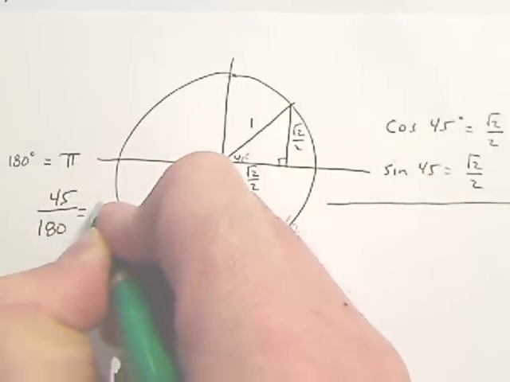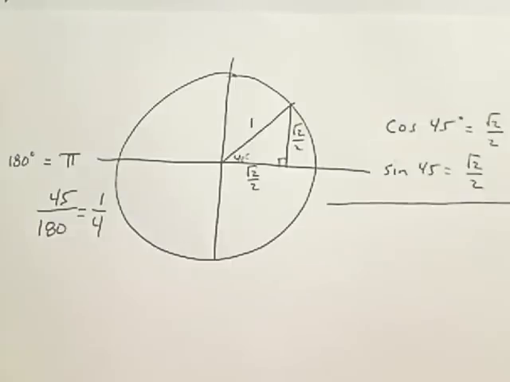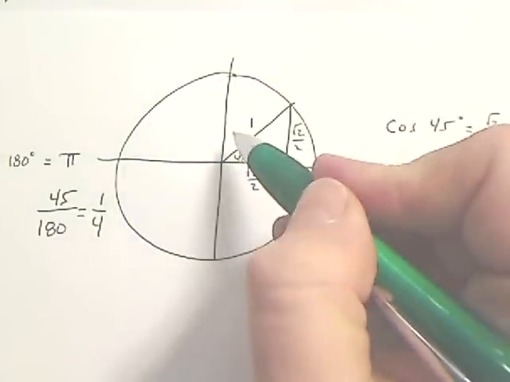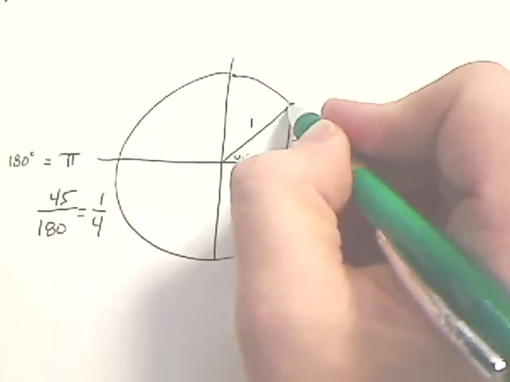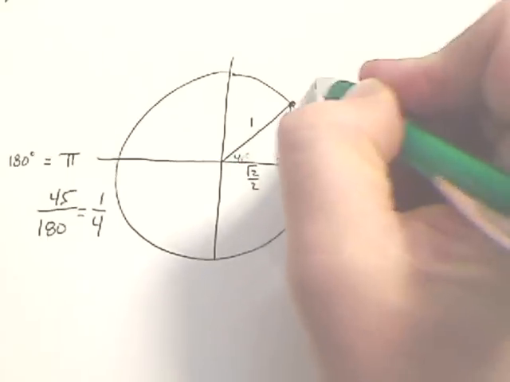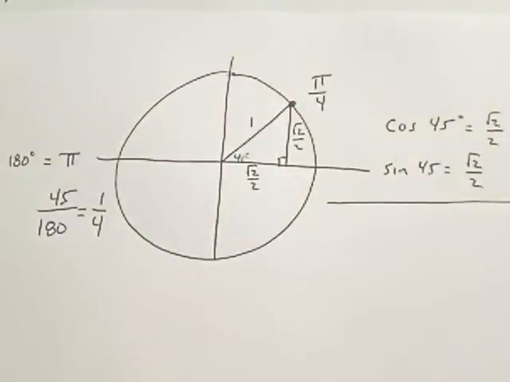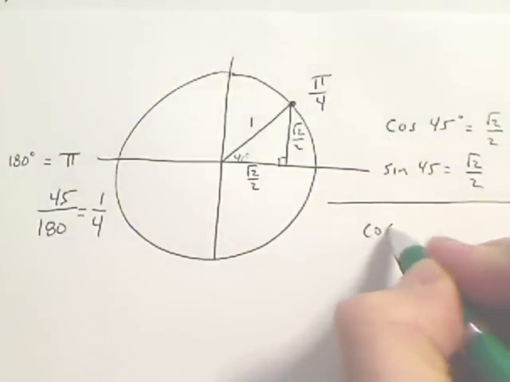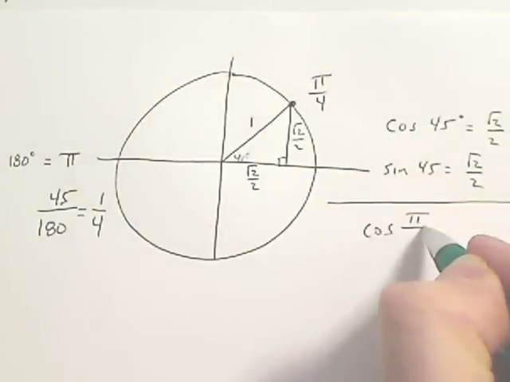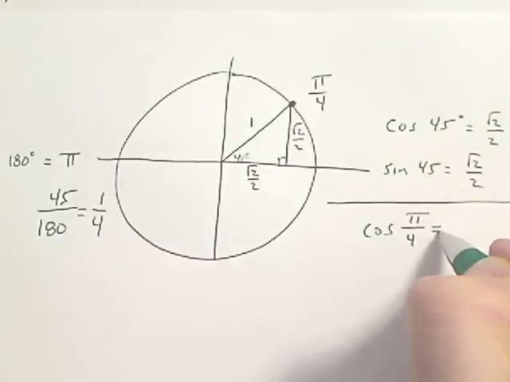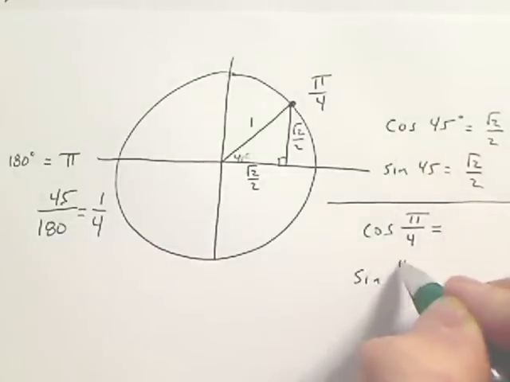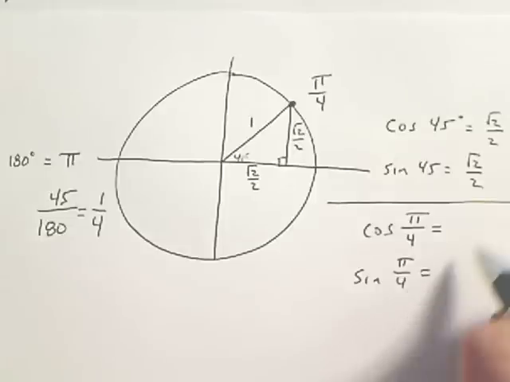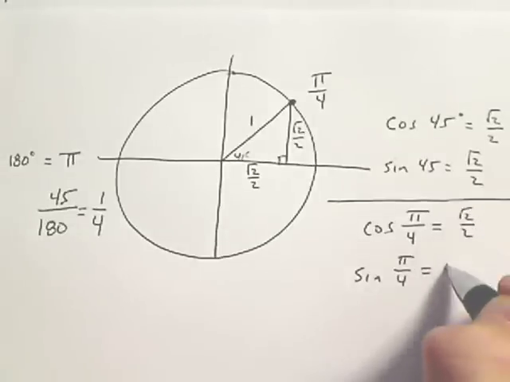And you'd end up getting 1/4. So every 45 degrees is 1/4, meaning this angle we drew here is pi over 4. So what you see on your paper here, the 45 degrees, if I changed them to radians, would be that, and they're both root 2 over 2.